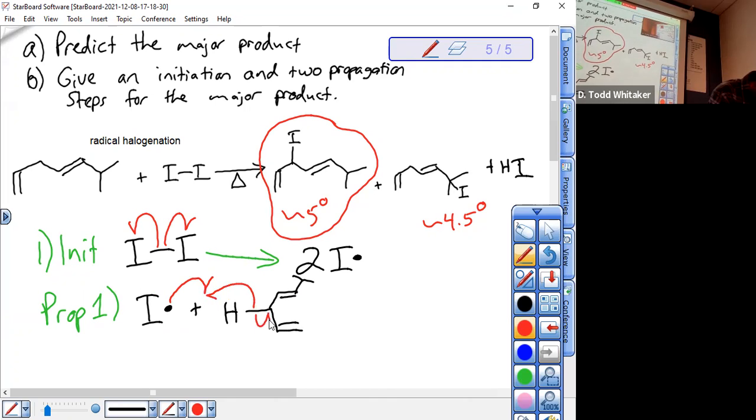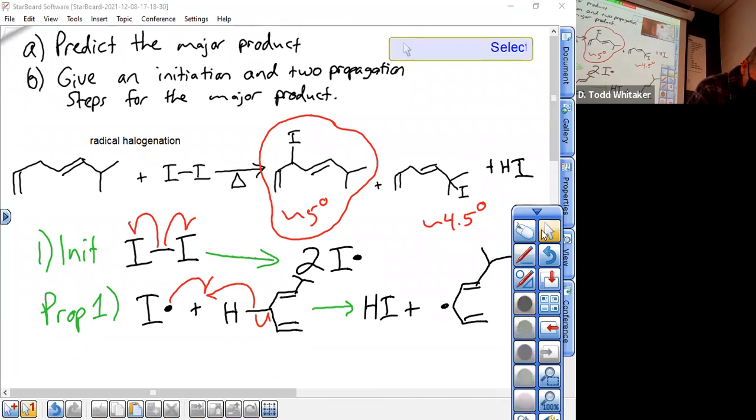And generates a very stable diallylic radical. HI is formed, so that part of the mechanism's over. Stable diallylic radical also formed. And it's ready to do some magic.